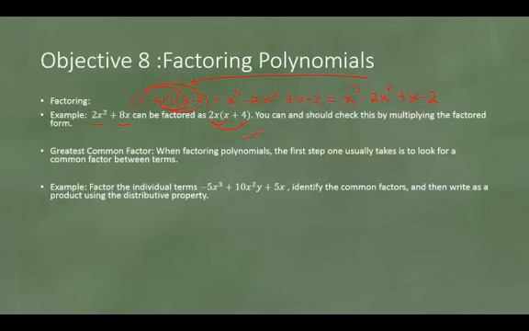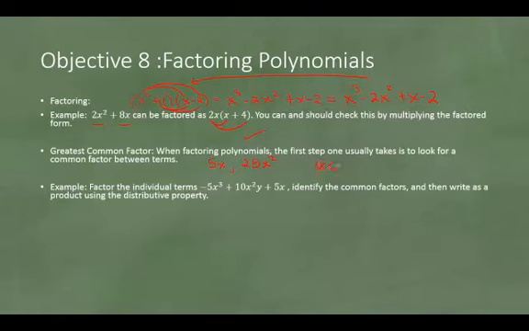When factoring polynomials, the first step you usually take is to look for a greatest common factor between terms, or any common factor, but usually a greatest common factor. So if you have something like 5x and 25x squared, you know that the greatest common factor, or the greatest thing they have in common, is 5x.